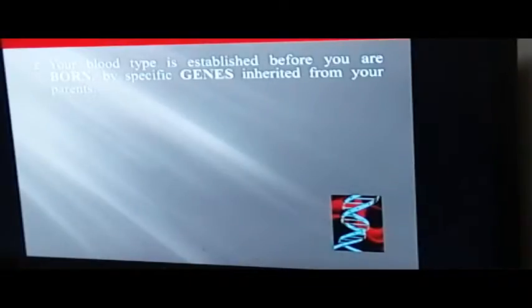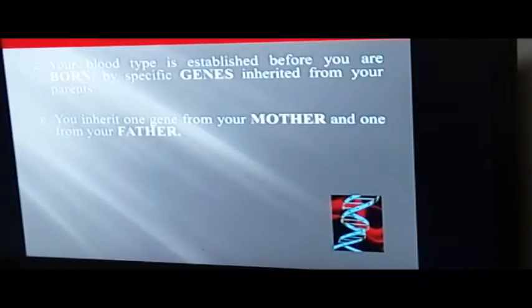Your blood type is established before you're born by what are called genes. These genes you get from your mother and your father. They are unique to you, to your family. You inherit 1 gene from your mother and 1 from your father.